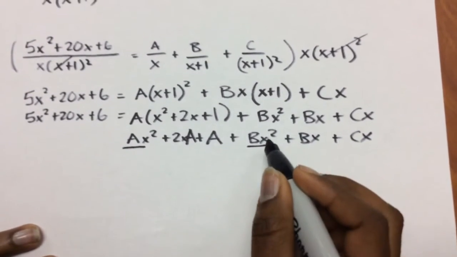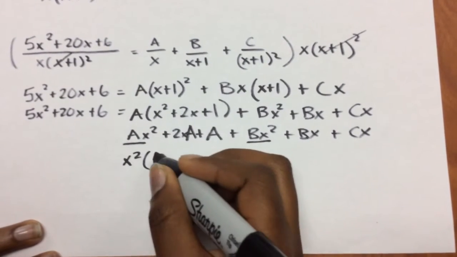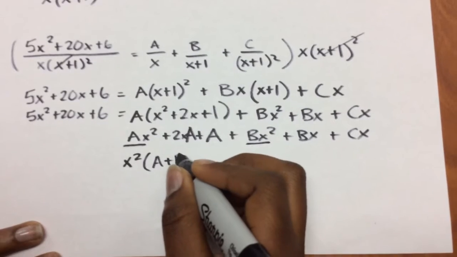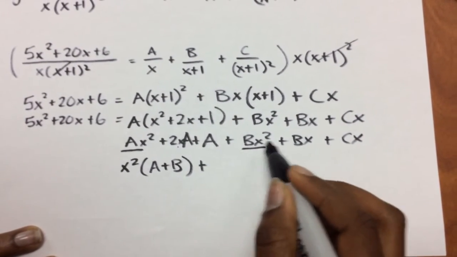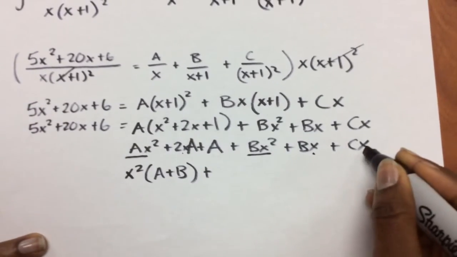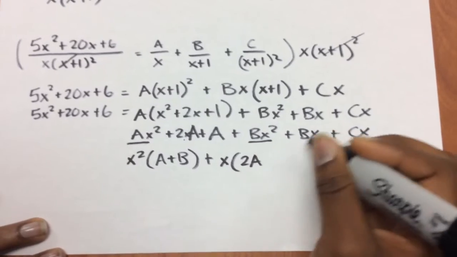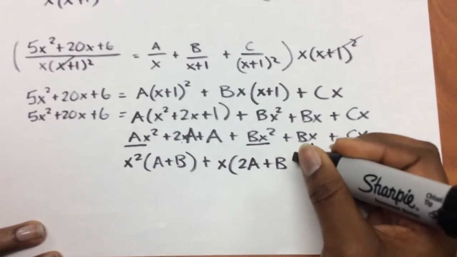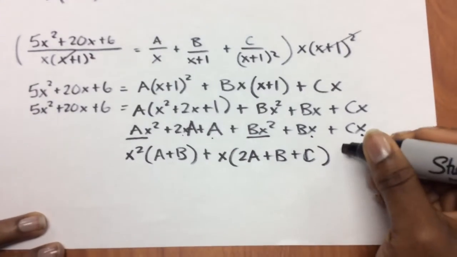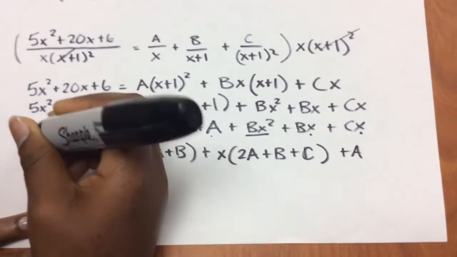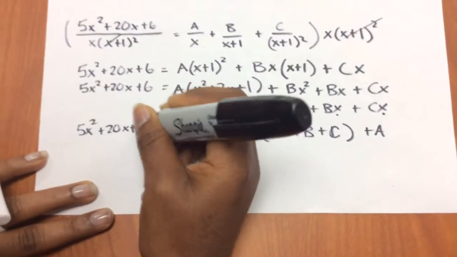So I'm going to group these together, take out that x squared, so that's x squared times (A plus B), plus these terms both have an x in it right here, so that's x times (2A plus B plus C), and then this A is left by itself, and that equals 5x squared plus 20x plus 6.